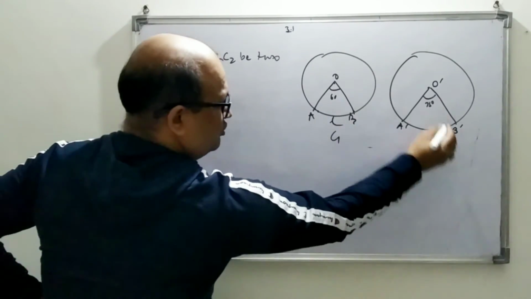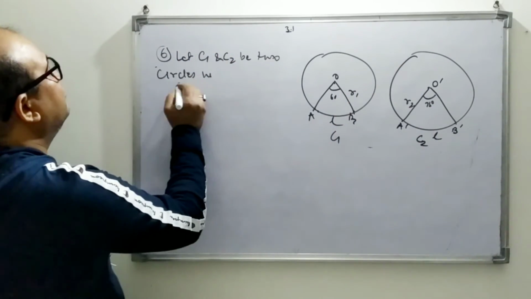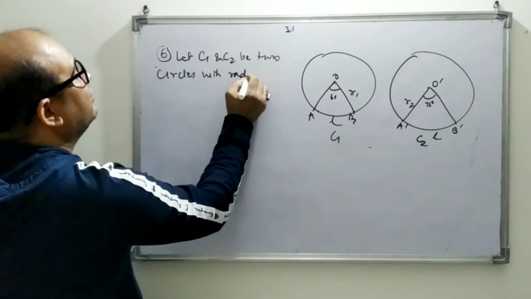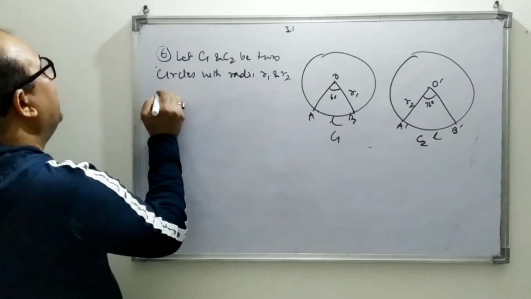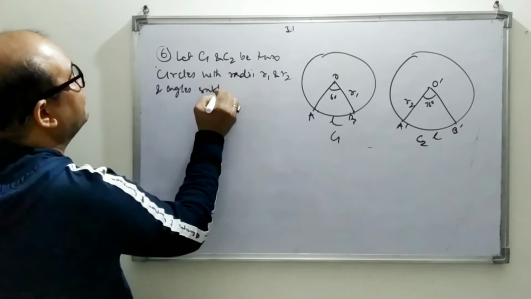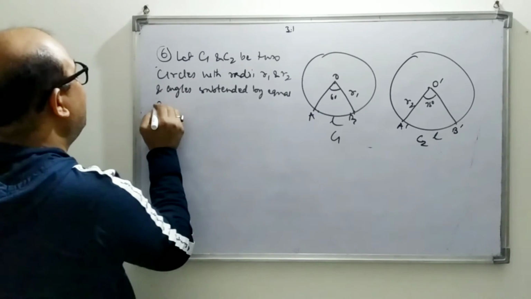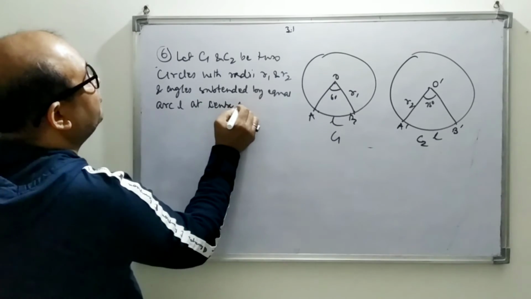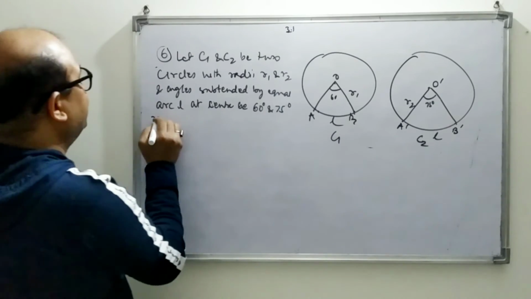This is L and this is also L. This is R1 and this is R2. Same two circles with radii R1 and R2 and angles subtended by equal arc L at the centers being 60 degrees and 75 degrees respectively.